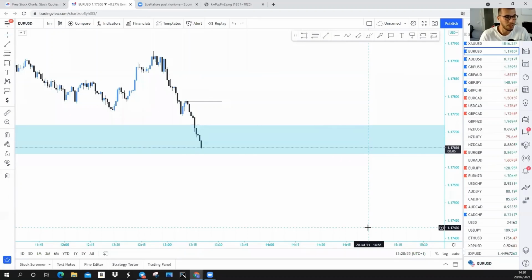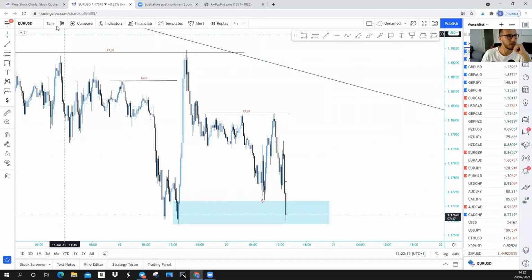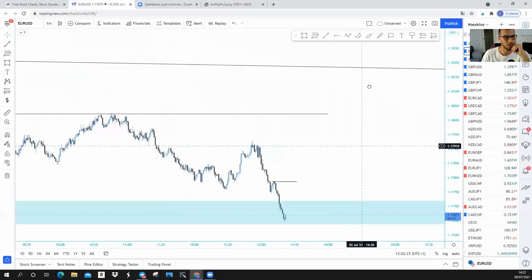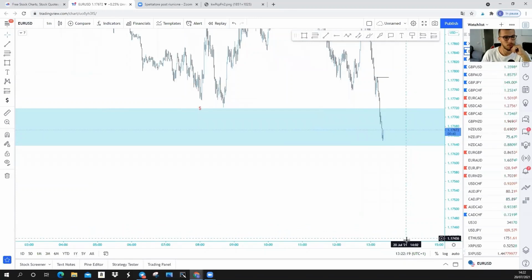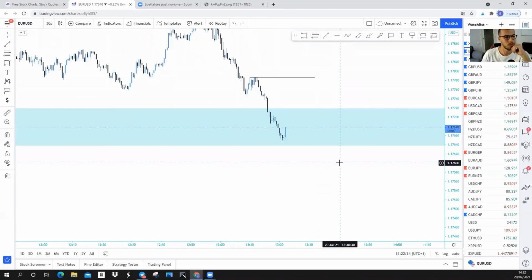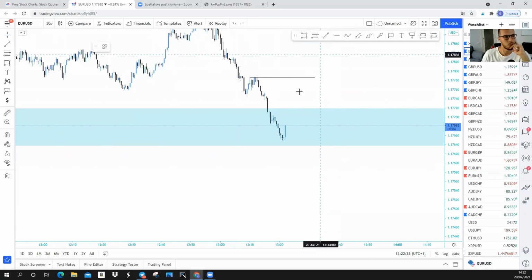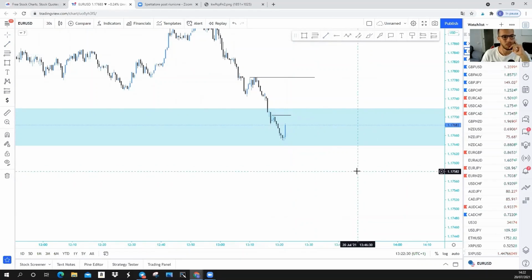So here is the waiting. There is no confirmation for us yet, and I'm just waiting. We are at the key area and we are waiting. Let's see. Yeah, I could consider this as a minor break of structure.